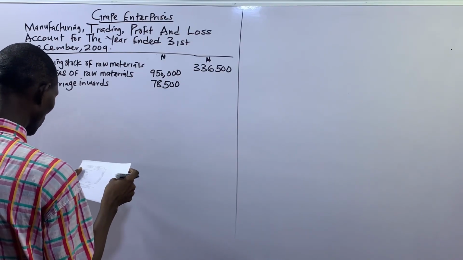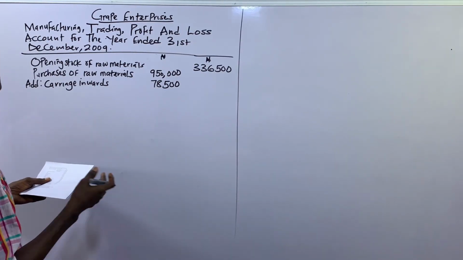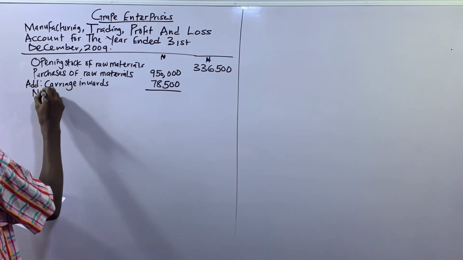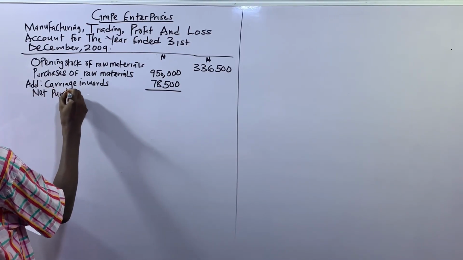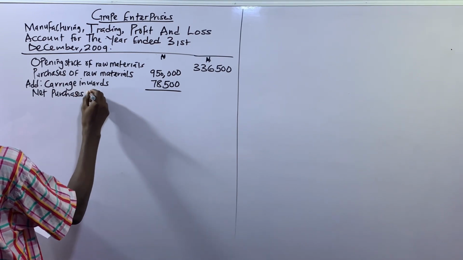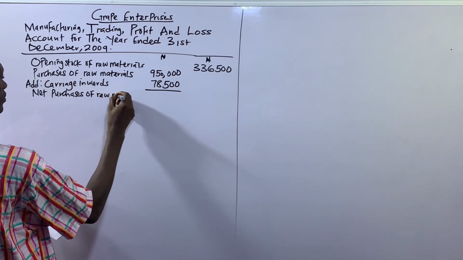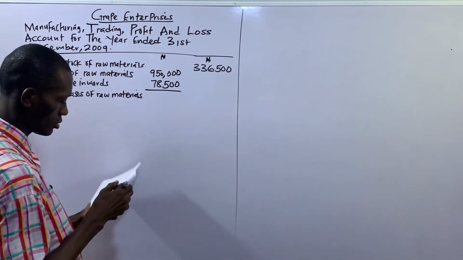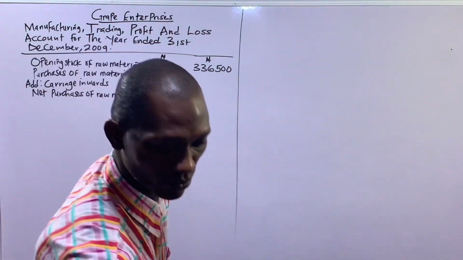That was not given. So we have this to get our net purchases of raw materials. So let's add the two now.